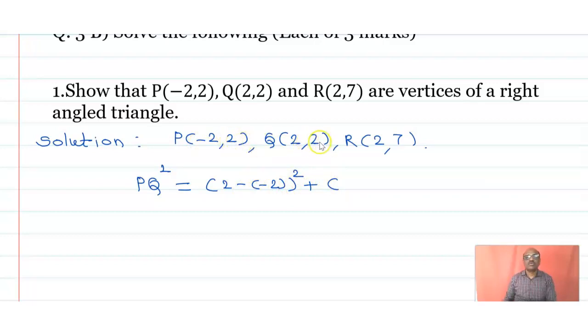Next is 2 minus 2 whole square, and this will be 2 plus 2, that is 4 square plus 0.